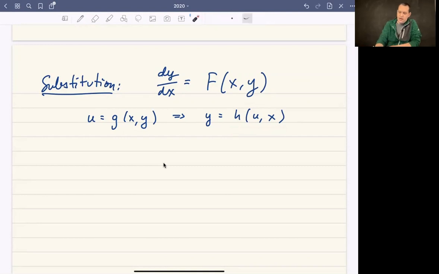Now all we need to know is how to figure out what dy/dx is in terms of u and x. The way that I remember the multidimensional chain rule is I always think about differentials.